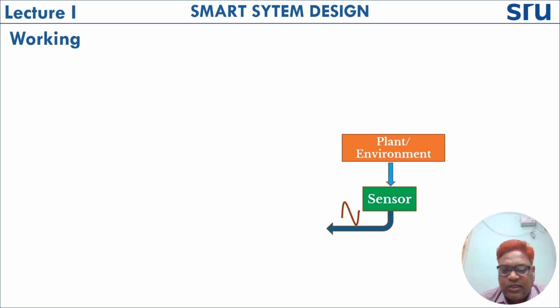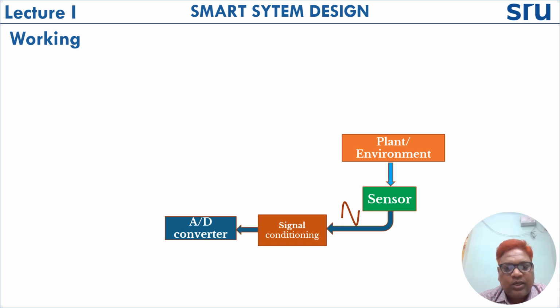In such situations, we require some signal conditioning circuitry, which may be limiters, filters or amplifiers. These signal conditioning circuits process your signals and then give them to the analog to digital converter. This analog to digital converter converts the analog electrical signal into corresponding digital information, either 0 or 1.